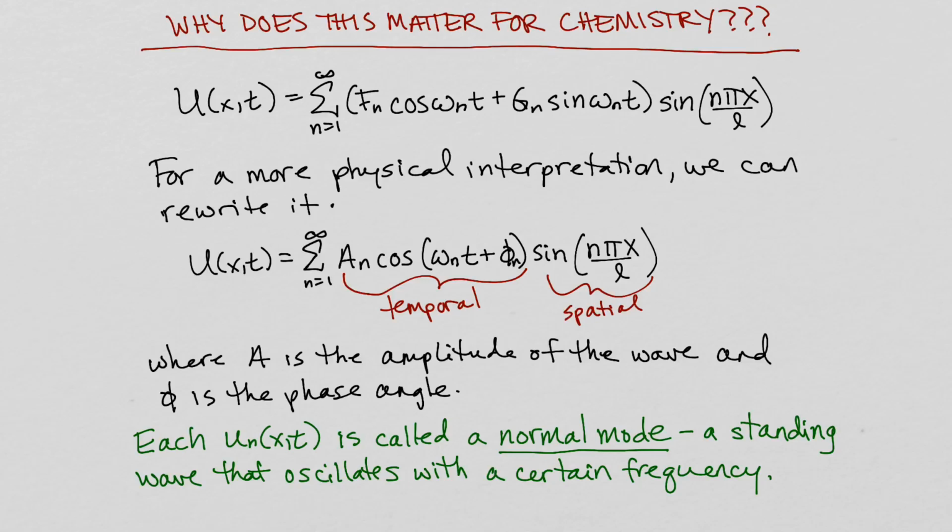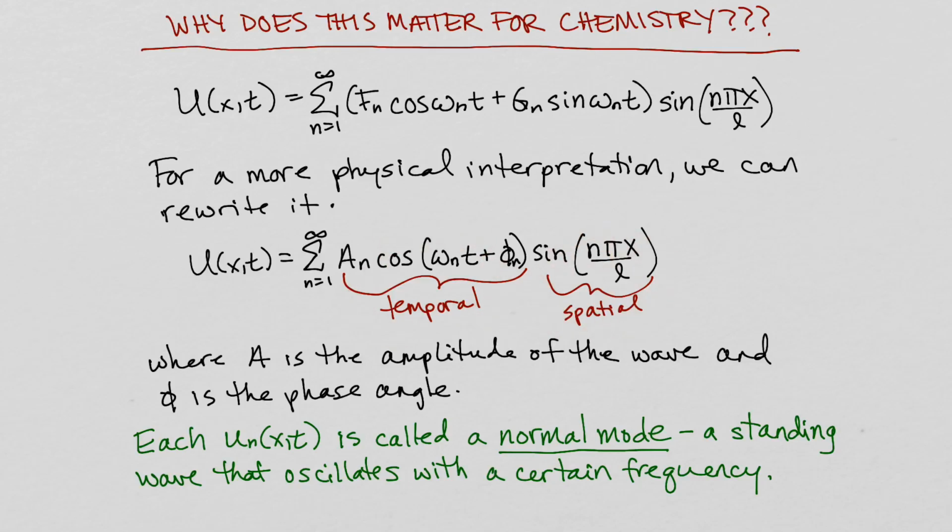So for most of our discussions, we're going to focus on the spatial part. We're going to put that guy into use a lot in the near future. But this whole general solution is a nice description of the motion of our wave, right? Its time development and its spatial development.